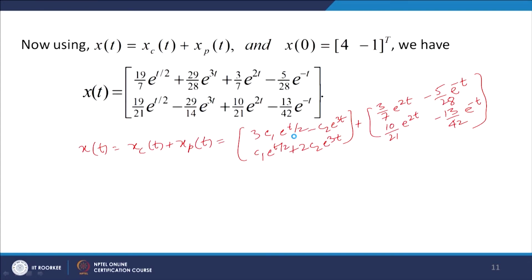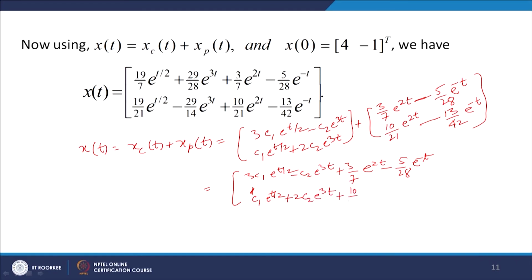So, we get 3 c1 e^(t/2) minus c2 e^(3t) plus 3/7, we add component wise, e^(2t) minus 5/28 e^(-t), and then 3 c1 e^(t/2) plus 2 c2 e^(3t), and then we get 10/21 e^(2t), and then minus 13/42 e^(-t).